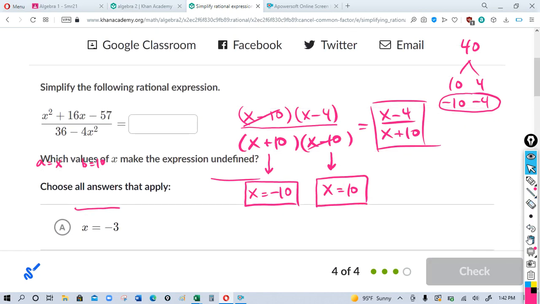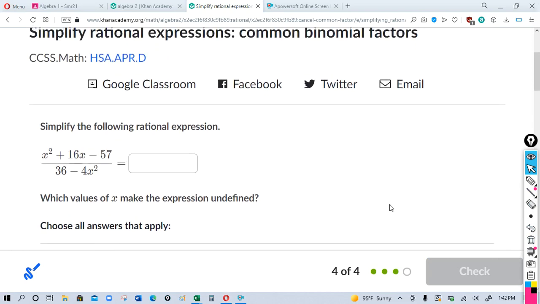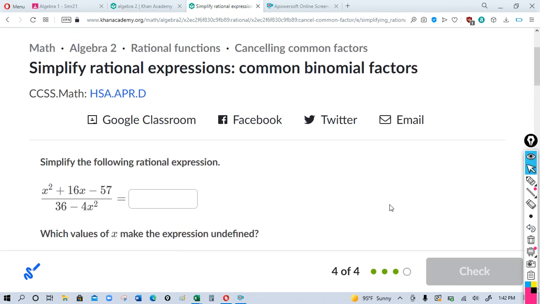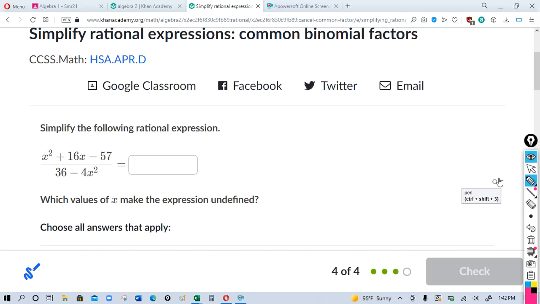All right, last one. So let's do the factoring here first. Negative 57, two numbers that multiply to negative 57 and add to positive 16. Let me try a 3 first. 3 into 57 is going to be 19.